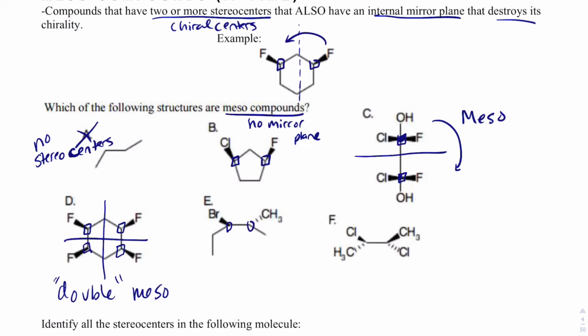Additionally, you may say, what about this carbon? That's a methyl group, and this one's drawn as CH3, still a methyl group though, so that's not 4 different groups on that carbon. And then here we have a chiral center and a chiral center, and there's no way that they can fold on top of each other to actually get them to line up.